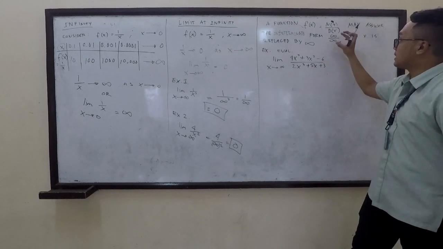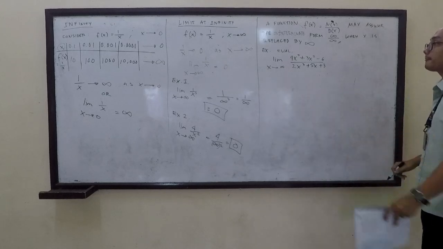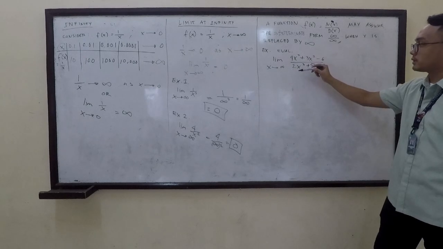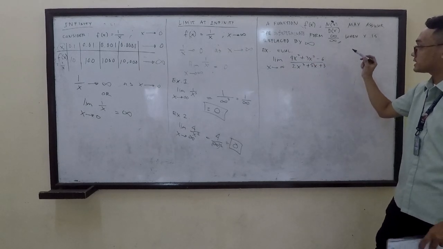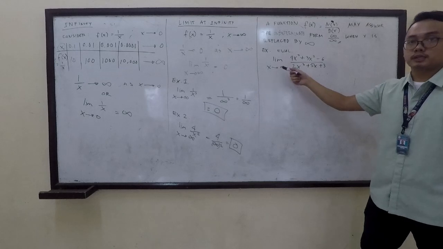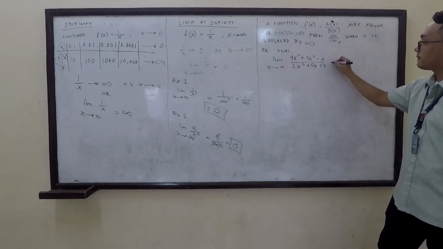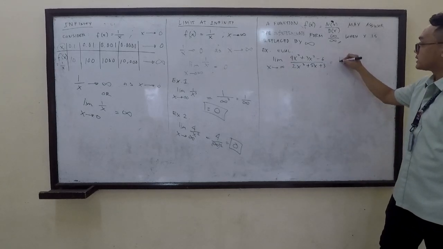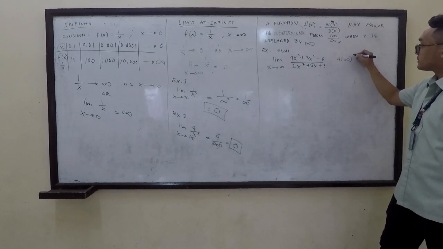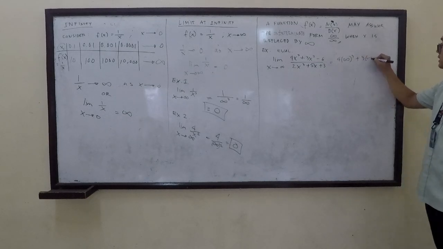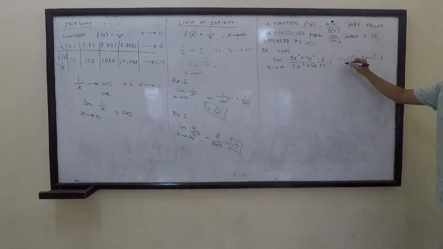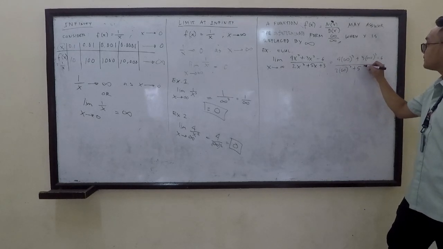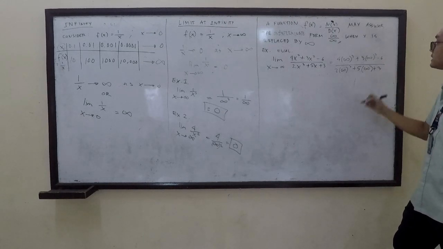For another example, the limit of 4x cubed plus 3x squared minus 6 divided by 2x cubed plus 5x plus 3 as x approaches infinity. We insert the value for each x variable. So this is 4 times infinity cubed plus 3 times infinity squared minus 6, divided by 2 times infinity cubed plus 5 times infinity plus 3.